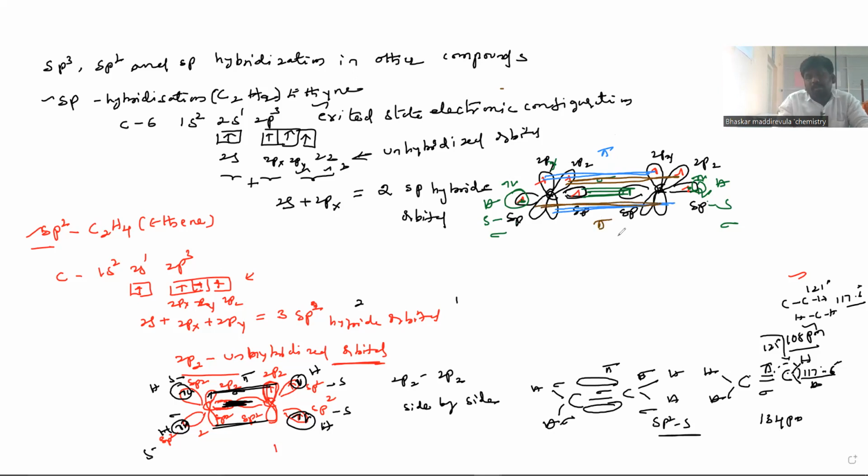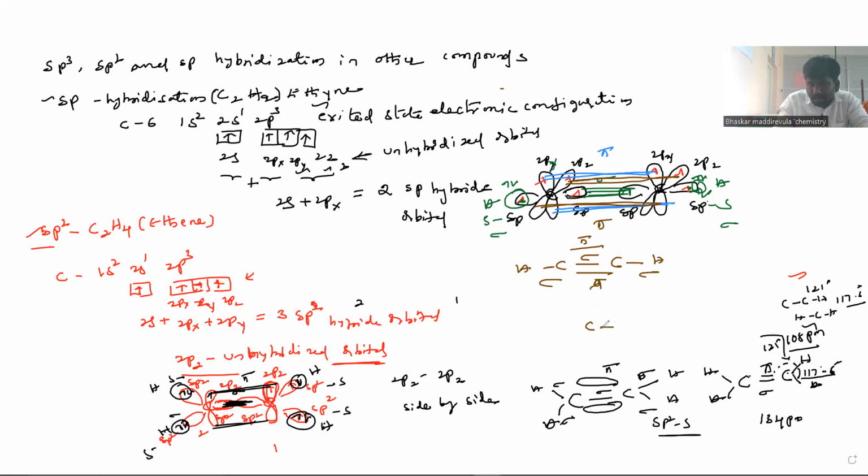So in this molecule you can see the pi electron cloud on the carbon carbon sigma bond: the top one pi bond, the bottom one pi bond, and also the carbon hydrogen sigma bonds. So here you can see the two pi bonds.